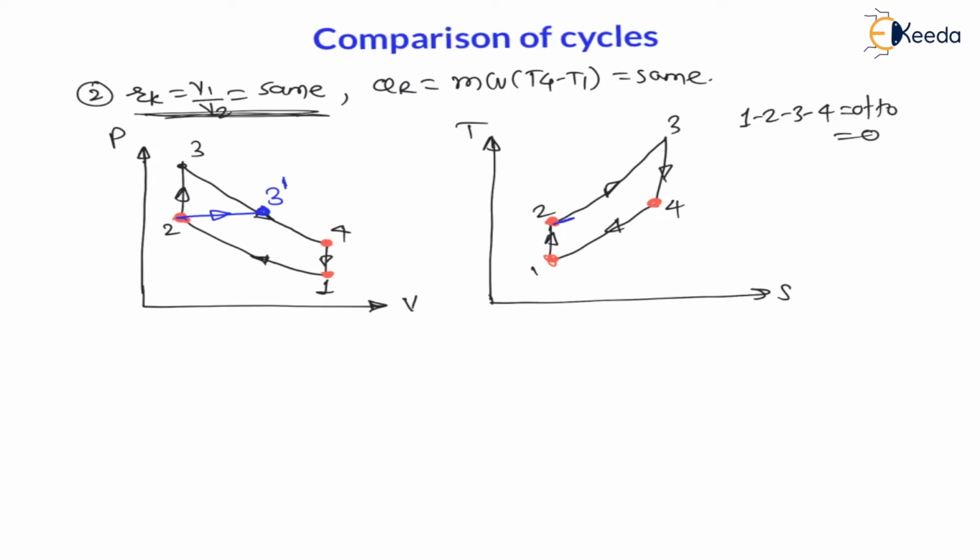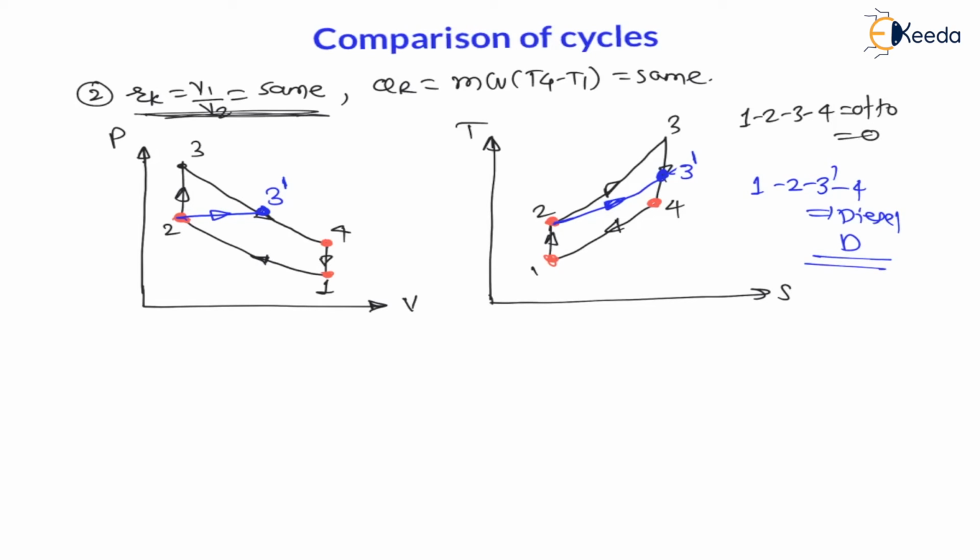Therefore, the constant pressure process will be like this. Here will be 3 dash. This is a constant pressure process. Therefore, 1 2 3 dash 4 is the diesel cycle, represented as capital D.